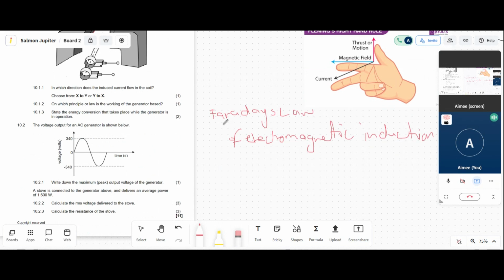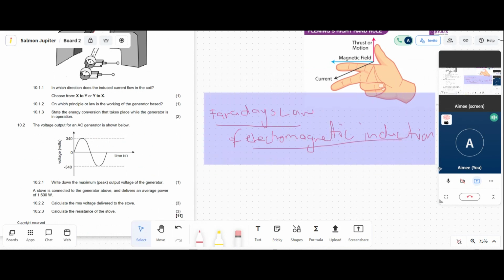Okay? You can just say one. You can just say Faraday's law, or you can say electromagnetic induction. You don't have to write both. Just thought I'd include both for sake of completion.